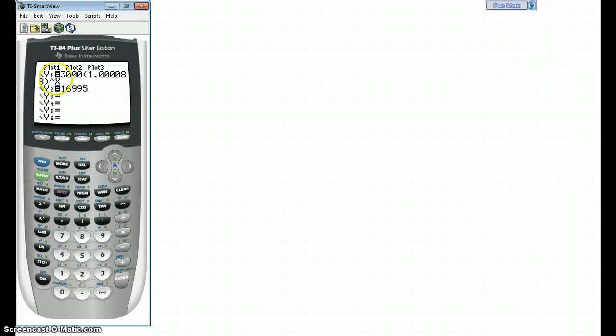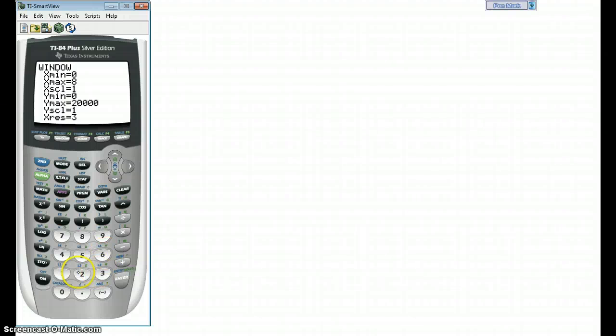So what I have graphed here is the function 3,000, my present value, times the growth factor raised to the number of days power. And then I have for my second equation the amount that I want to see when this horizontal line will intersect the graph of the growing present value here. My window I'm going to set from 0 days all the way up to, well, I've got to decide on the maximum number of days.